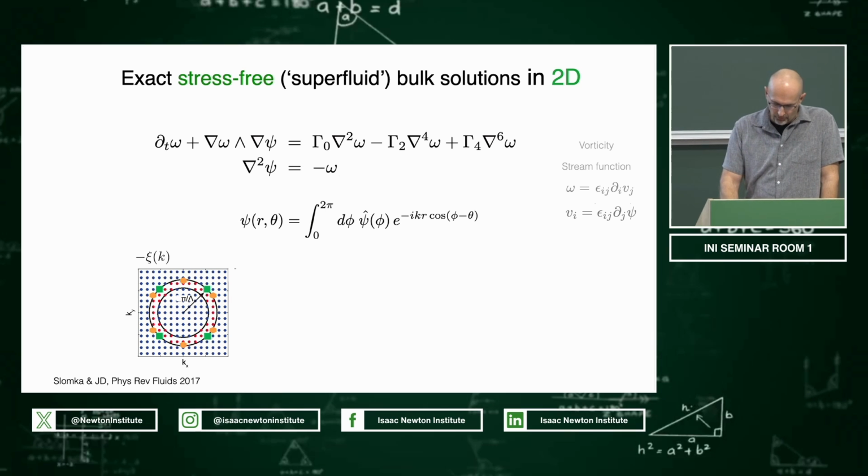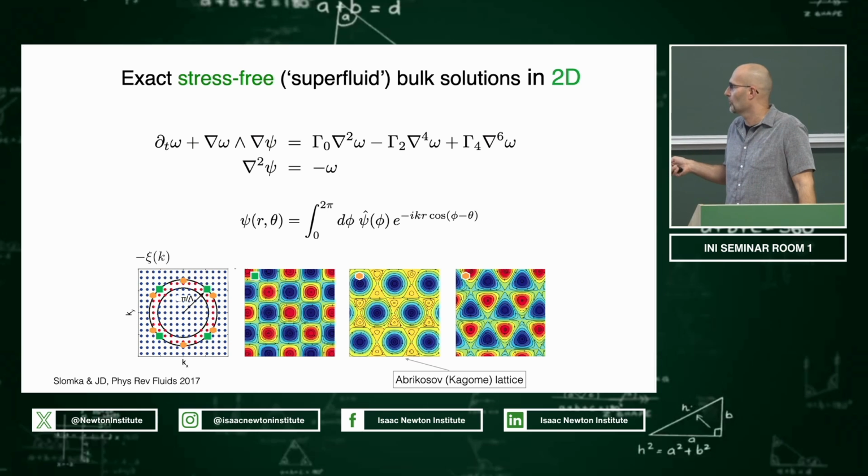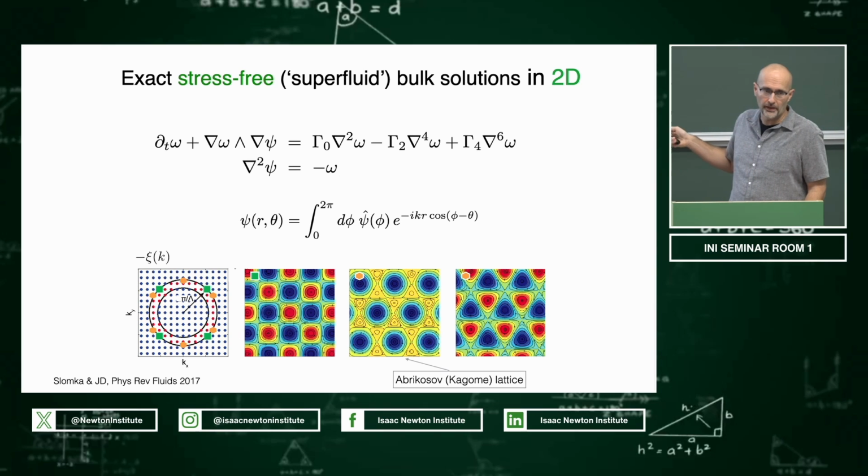So, and now you can combine in principle modes basically from these rings, and one of the possible solutions that you can construct are these Abrikosov-type lattices. So by construction, these stationary solutions are stress-free because we pick the modes so that the right-hand side vanishes in that case.